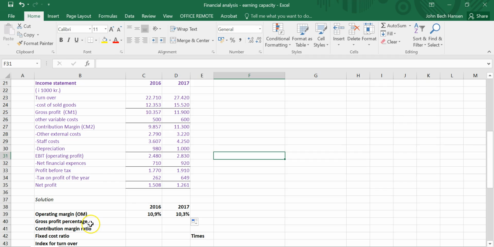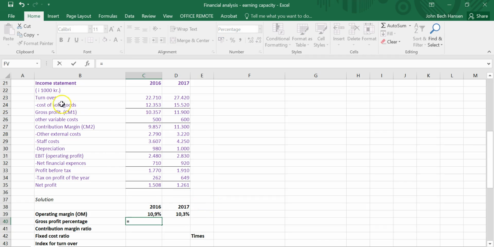Okay. The gross profit percentage. Well, that's talking about the gross profit measured only on the sales price and the cost price of the sold goods in this internal analysis here. So we will look at the profit or the contribution margin 1 divided by the turnover.